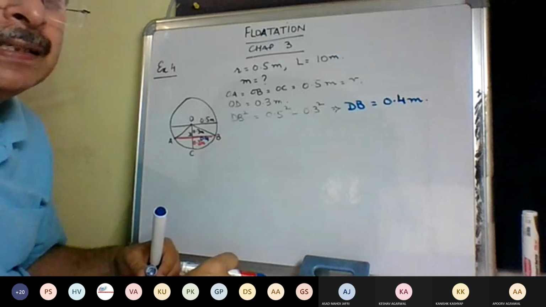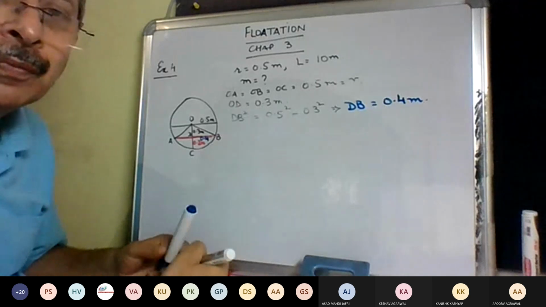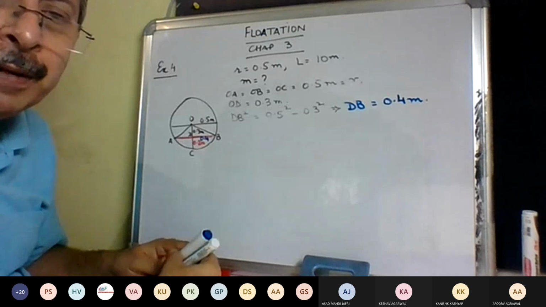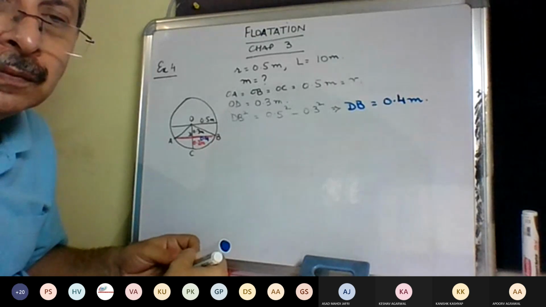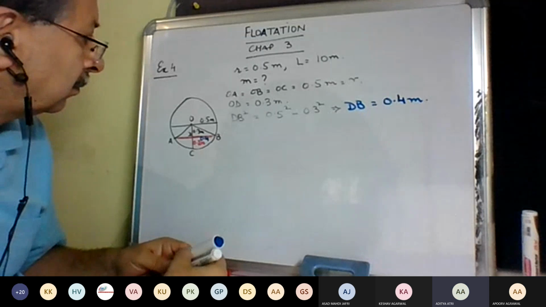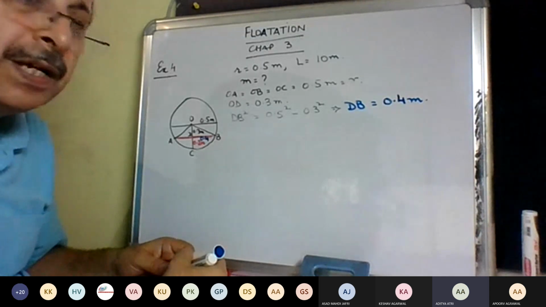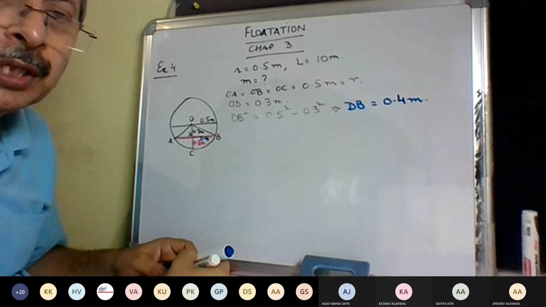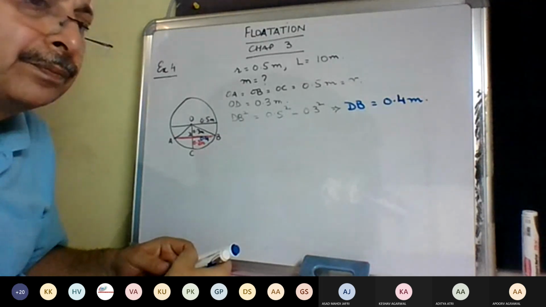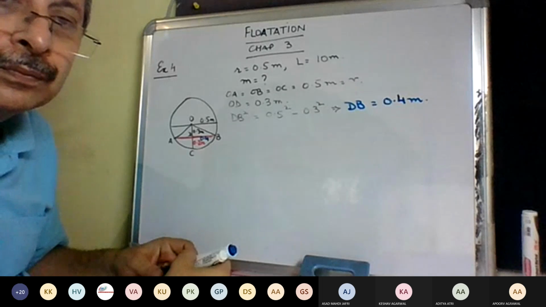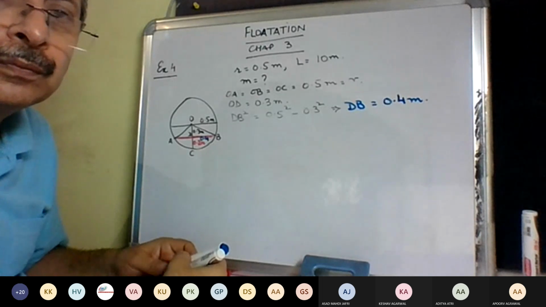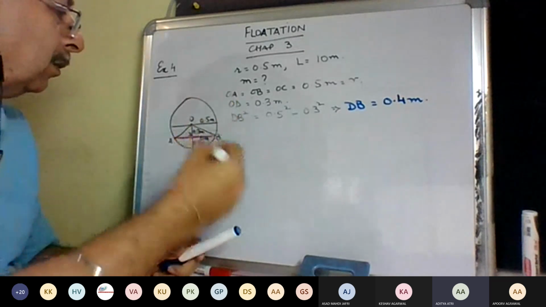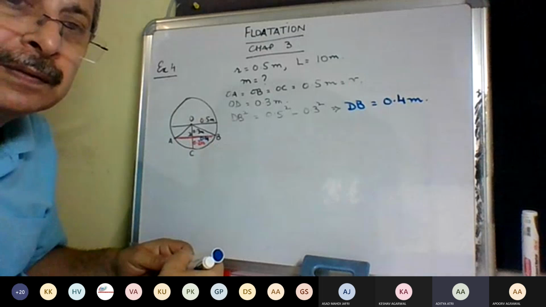So I am interested in the underwater area. Which will be the best way to find that? The underwater area. Anybody in the class? सर सर्कल के एरिया से सेगमेंट के एरिया माइनस करके. That's absolutely right. तो सर्कल का एरिया कैसे निकालूंगा मैं? वो तो पाई आर स्क्वायर हो ही जाएगा.